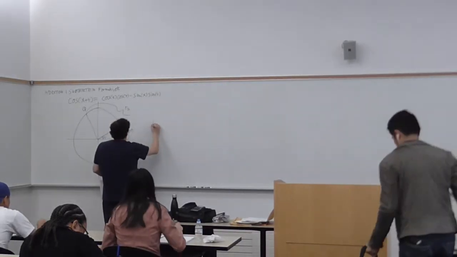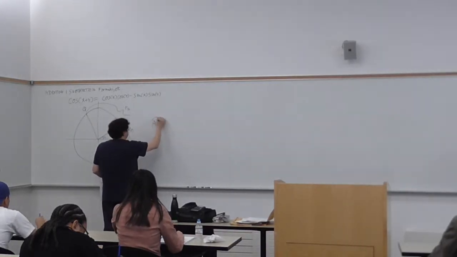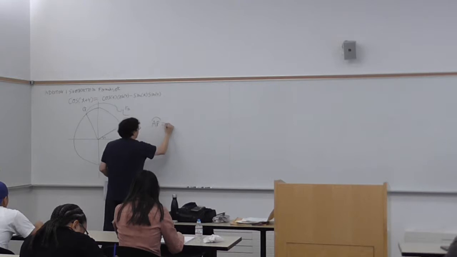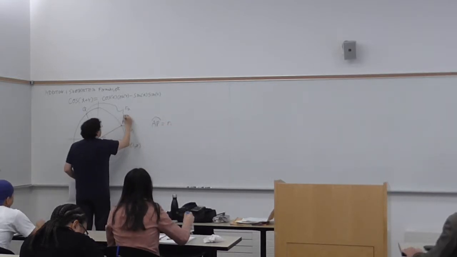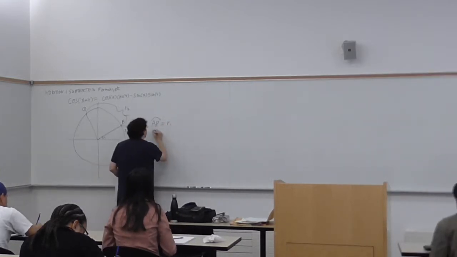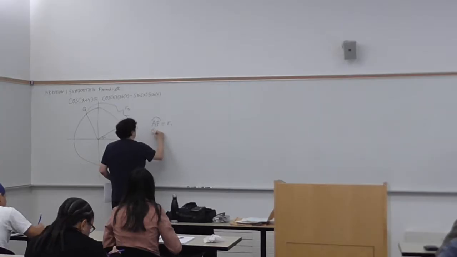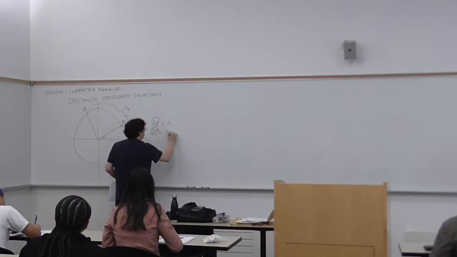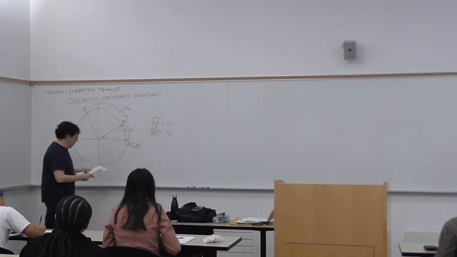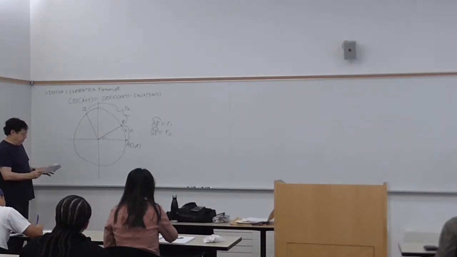So arc AP, that's this, is R1, and arc QP is R2. Right.